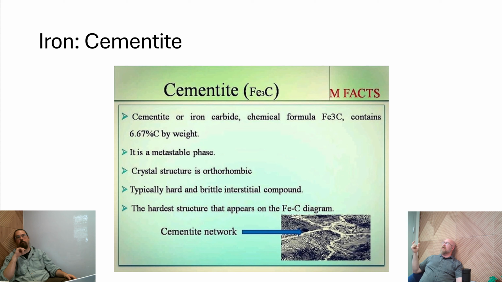But these molecules, that covalent bond, form a crystalline structure that's orthorhombic, which is super brittle and very hard. And when we mix the hard cementite with the soft ferrite, we get the perlite structures, right?